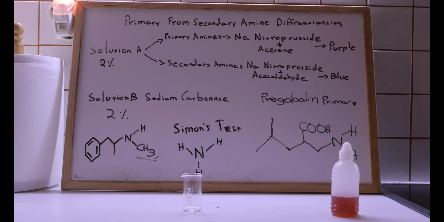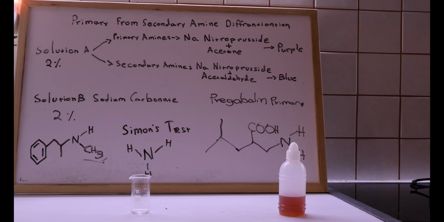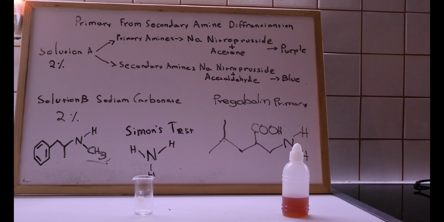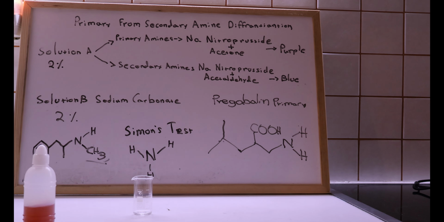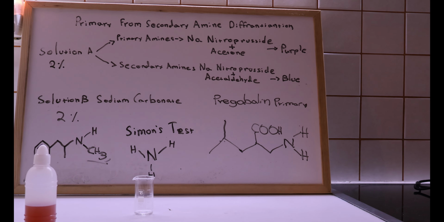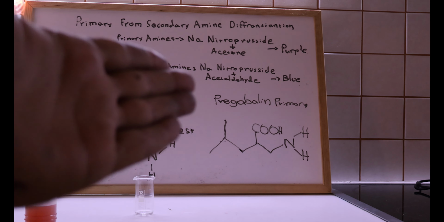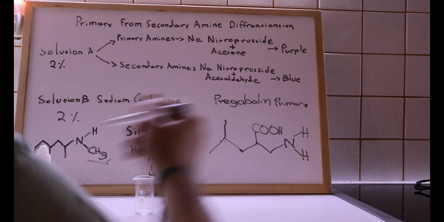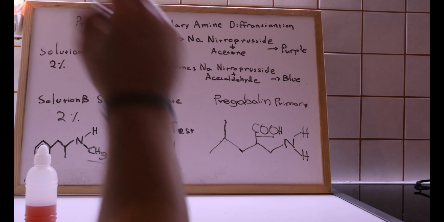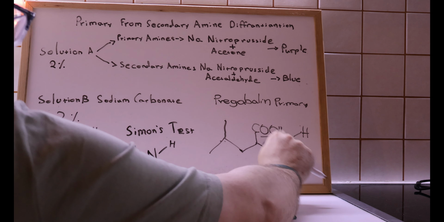Now, of course, I do not possess amphetamine and I would rather not possess amphetamine, so I will be conducting the test with a drug called pregabalin over here. As you can see, its structure is an amino acid containing a carboxylic acid, which is this over here, and an amine.